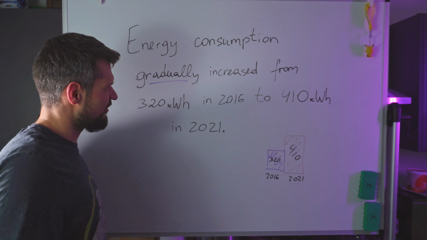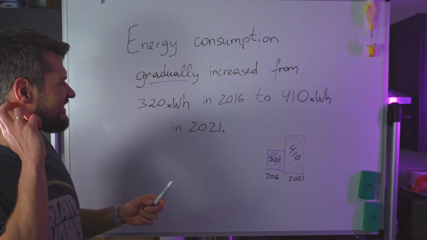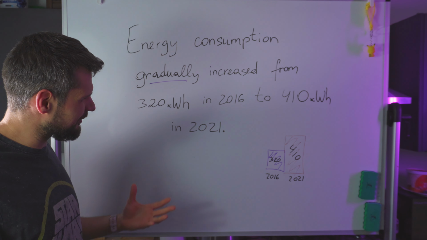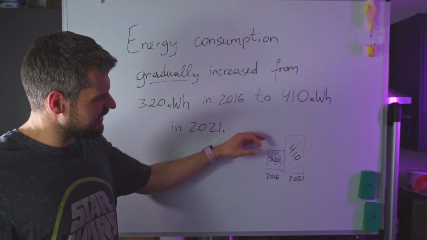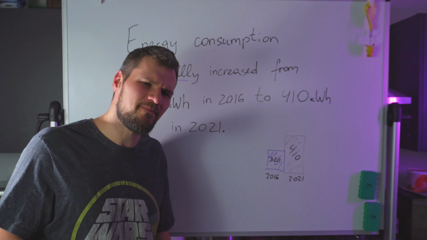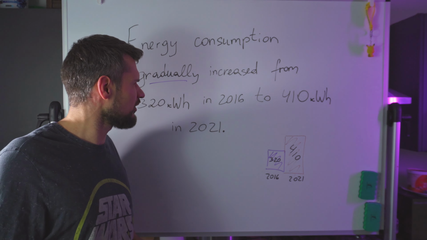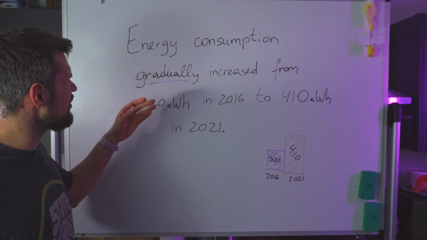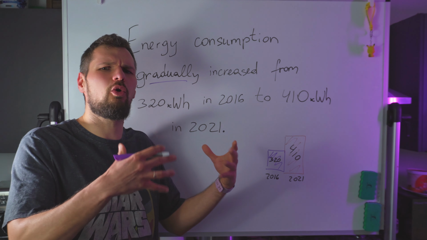But this word is not right, and I can see what happened here. A student looks at this chart and says, "That wasn't a significant increase. It was a small increase." But I don't want to use the word small, I want to use a fancy word. So they use the word gradually, which means a slow growth.